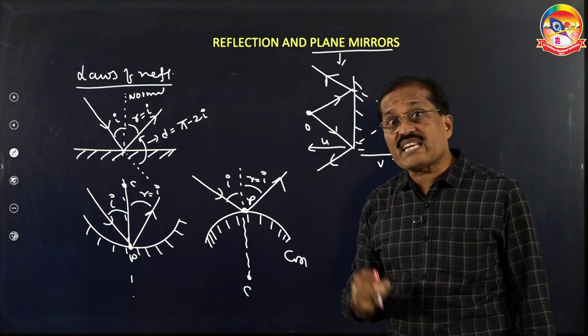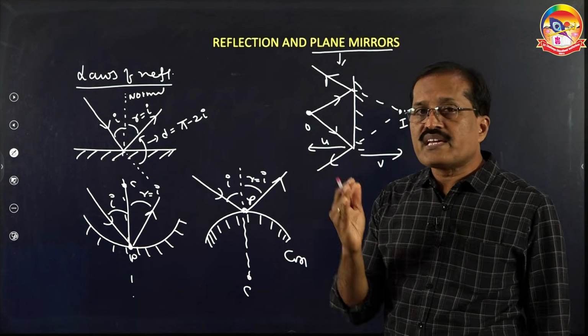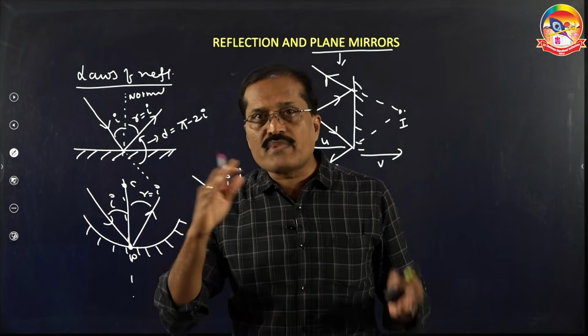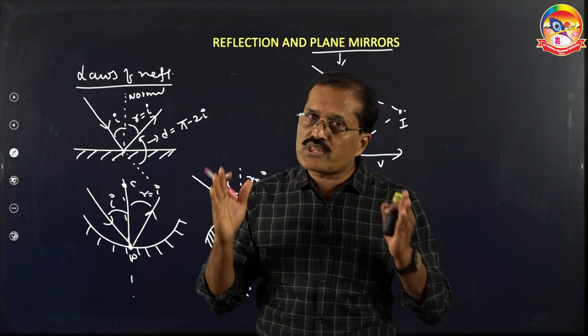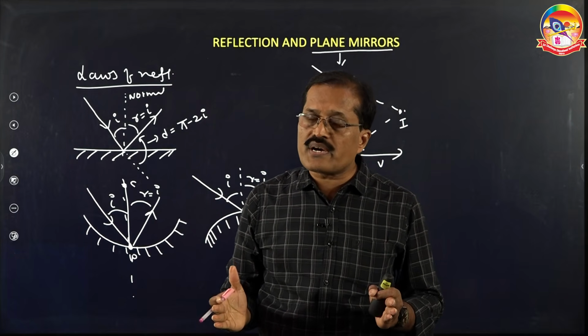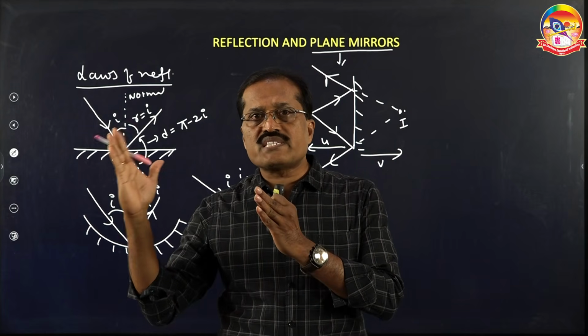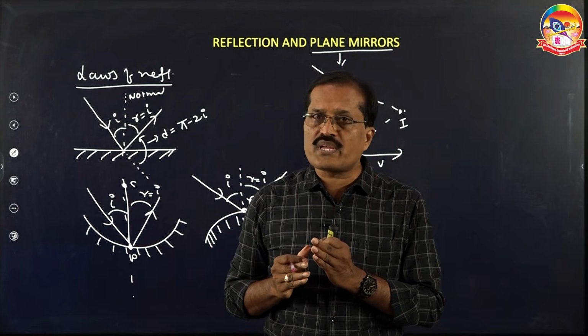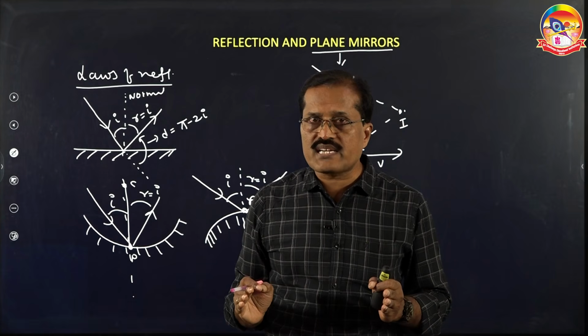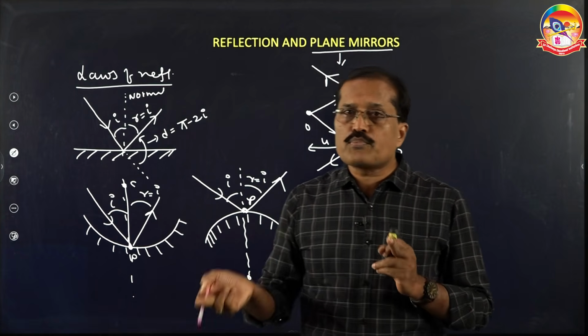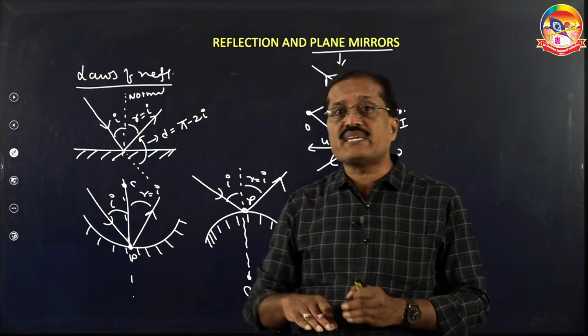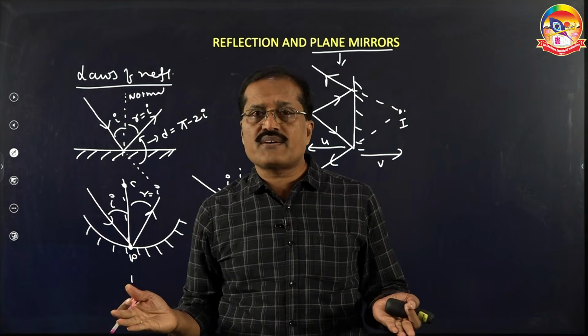Always with respect to the mirror, even if the object is moving or the mirror is moving, or both are moving, remember the distance of object with respect to the mirror is always equal to the distance of the image with respect to the mirror. Is it clear? The position of image and object are always equal from the mirror, and both are on either side of the mirror.